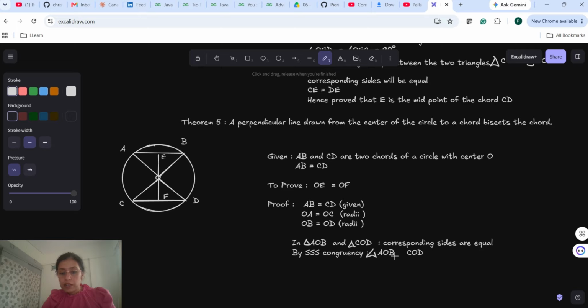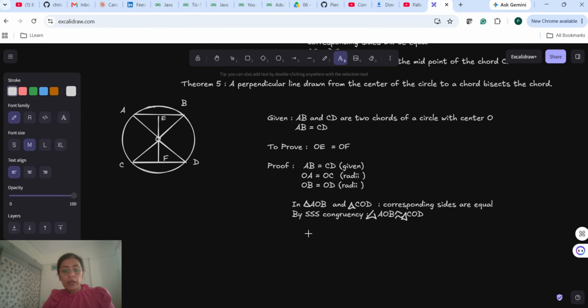These two triangles are congruent. So if two triangles are congruent, then what will that mean?